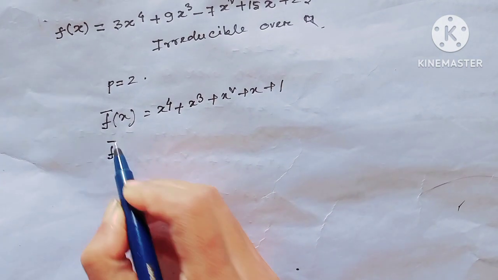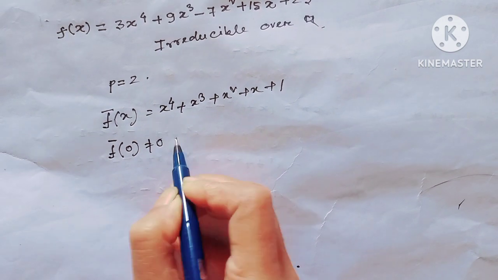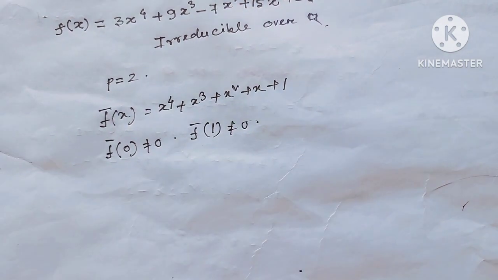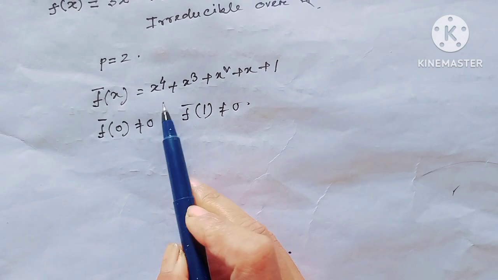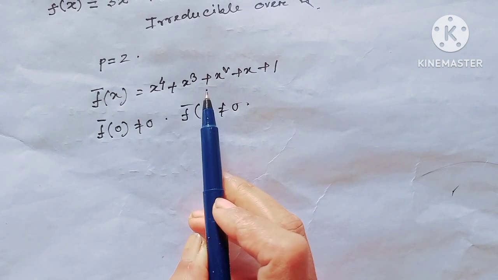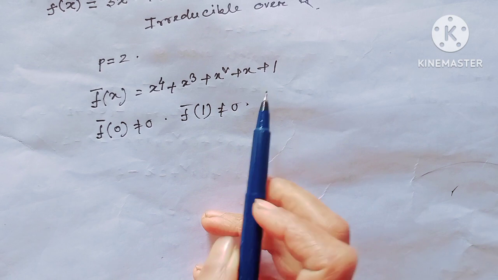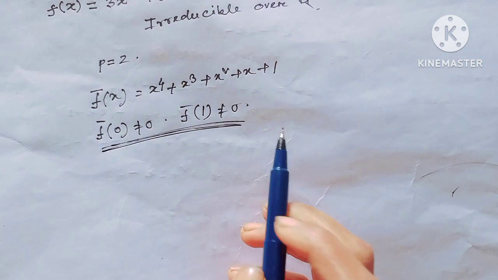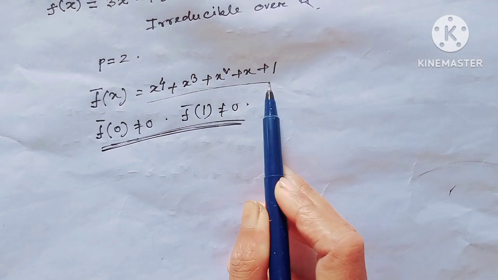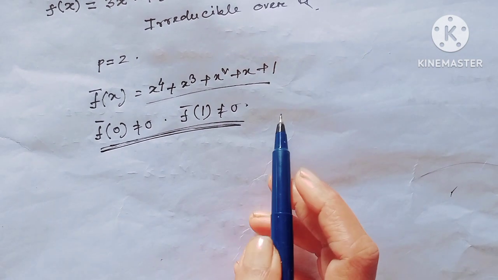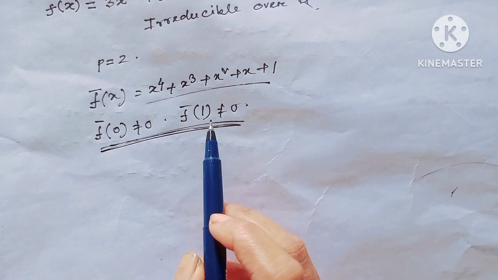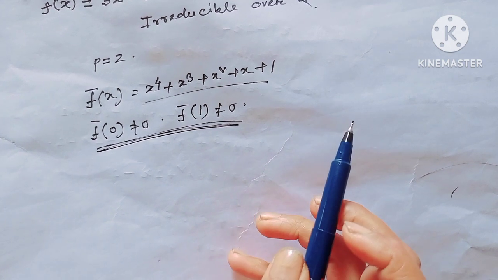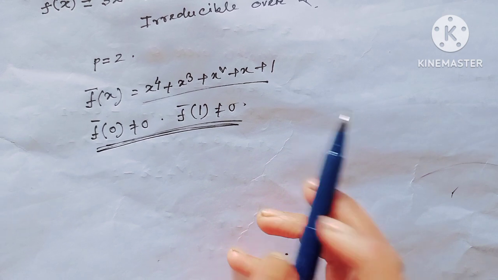Notice f bar(0) not equal to 0 and f bar(1) also not equal to 0. But since here the degree of the polynomial is greater than 3, by this test we cannot tell whether this polynomial is reducible or irreducible, because the root test is only applicable when the degree of the polynomial is either 2 or 3.